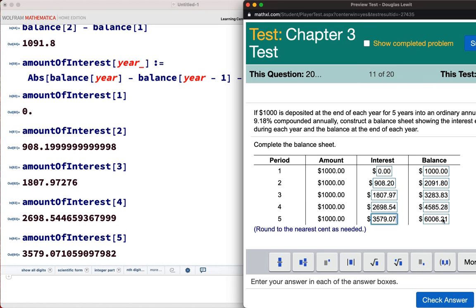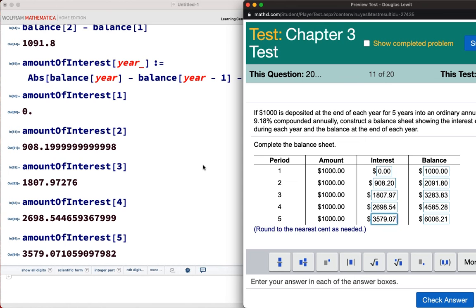So you can see here, if you're adding $1,000 a month, right? If you're adding $1,000 every single month, it doesn't make sense for the interest values to be this large.